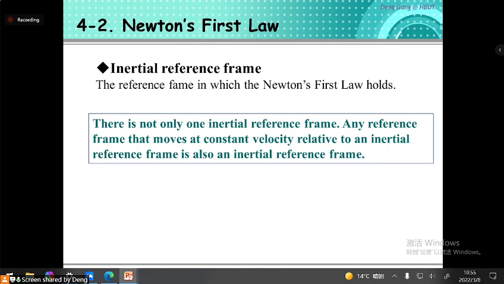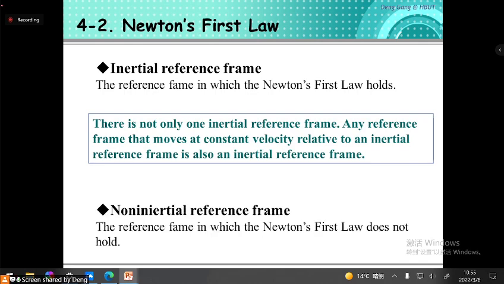So you can choose any reference frame which moves at a constant velocity relative to the Earth. So any one is okay. It depends on which one you feel is convenient. And the reference frame in which Newton's first law does not hold is a non-inertial reference frame.